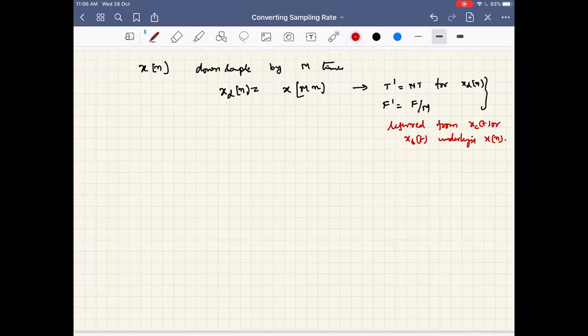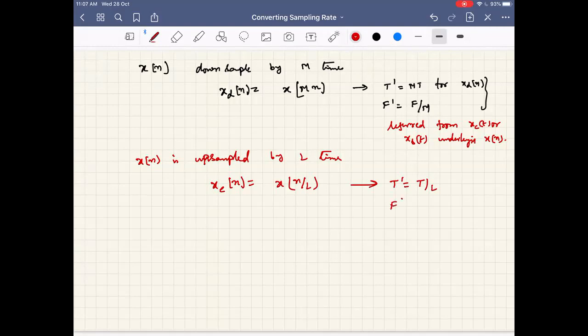Similarly, when x of n is upsampled by L times, we are just using a different notation for upsampling to distinguish it better. We write the upsampled or expanded signal as x of n by L. The implication is that t dash, the time period, will change to t by L. That means we are sampling more closely.